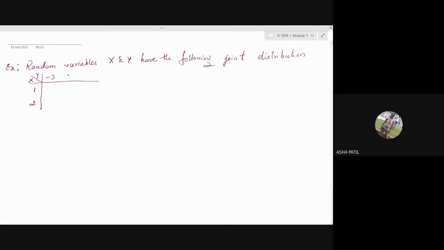Y values are -3, 2 and 4. The values given to us are 0.1, 0.2, 0.2 again, 0.3, 0.1, 0.1.